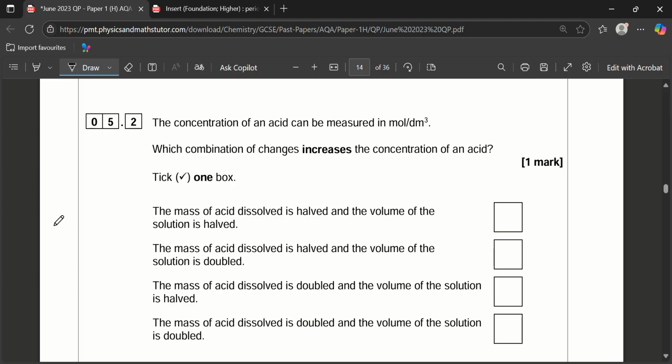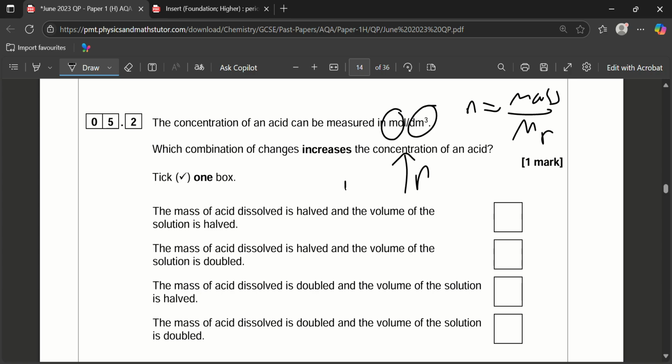Next question. The concentration of acid can be measured in moles per decimeter cubed, which combination of changes increases the concentration of acid. So here we're just looking for more moles and a smaller volume.